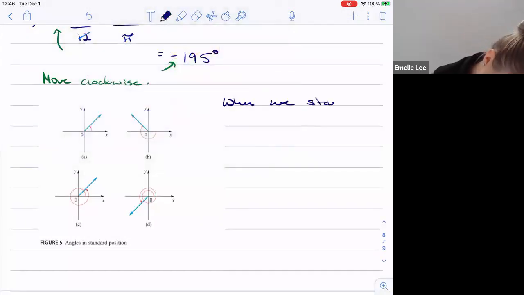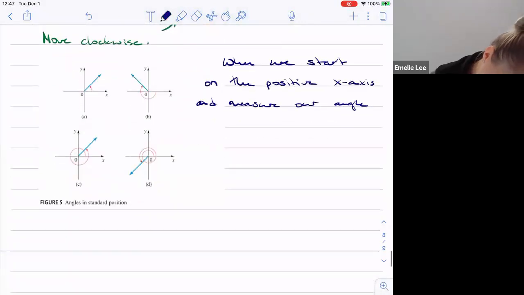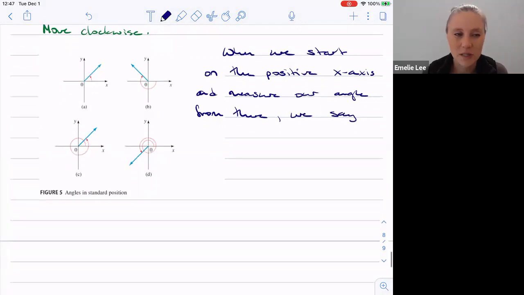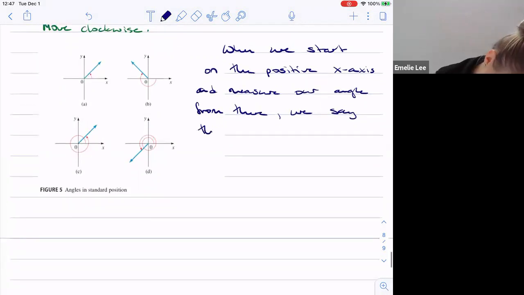So when we start on the positive x-axis and measure our angle from there, we say the angle is in standard position.